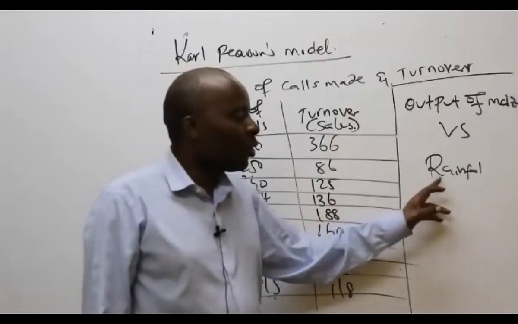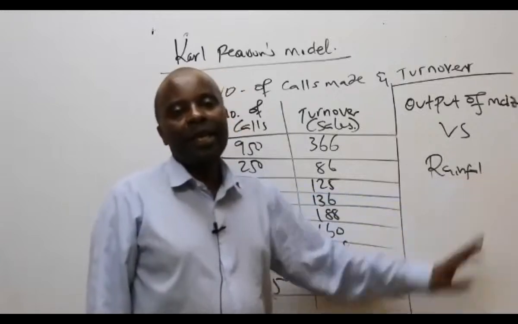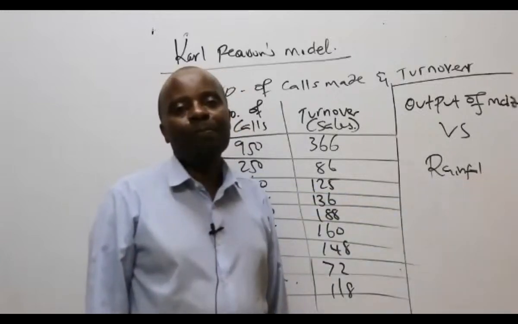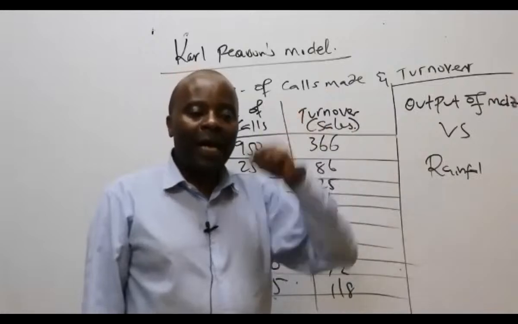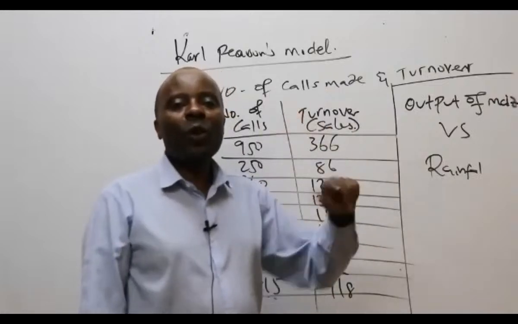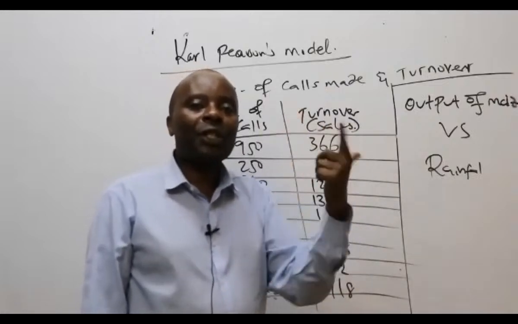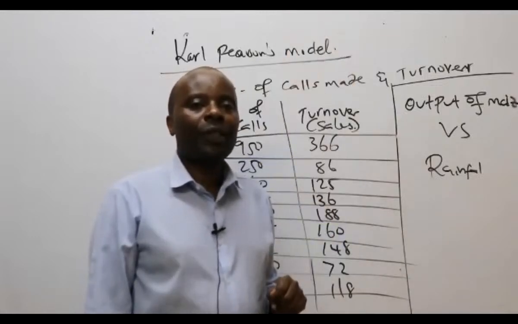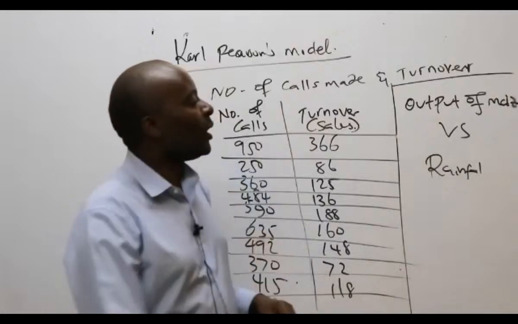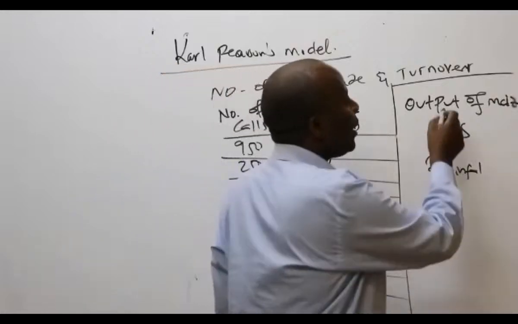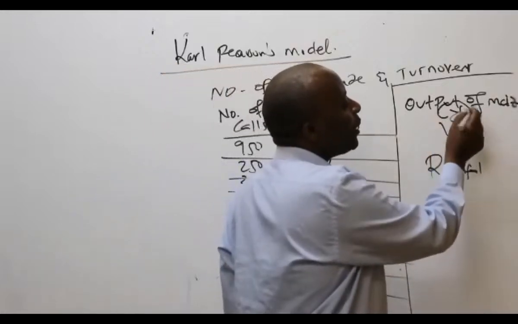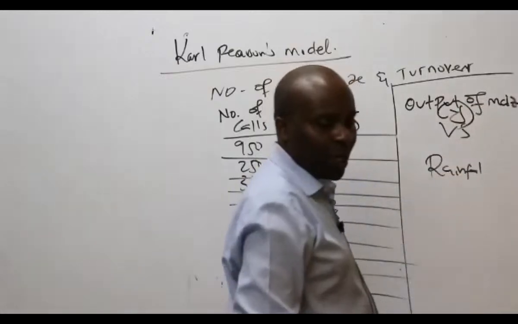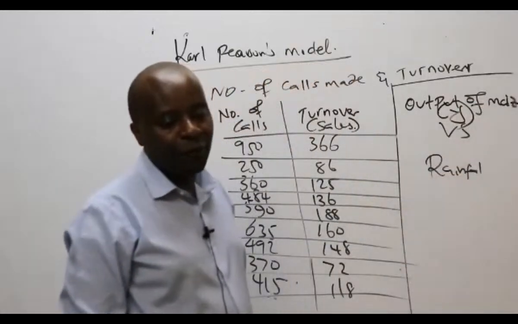So rainfall is what here is independent. The one that depends on the other is maize. So the one that depends on the other on a Cartesian plane has to be plotted on the y-axis. So ladies and gentlemen, here for sure, maize should be the Y because it is the one that depends on rainfall.